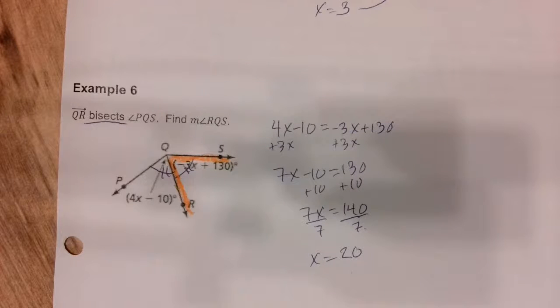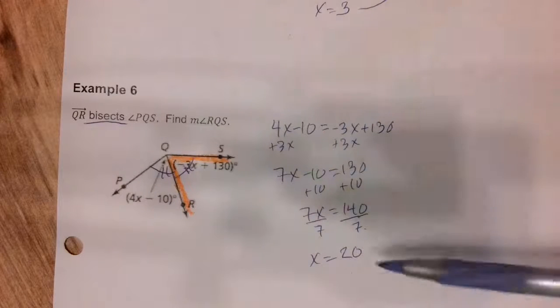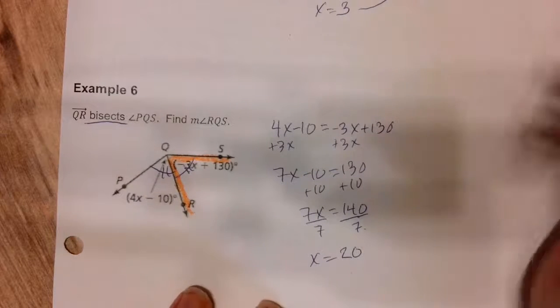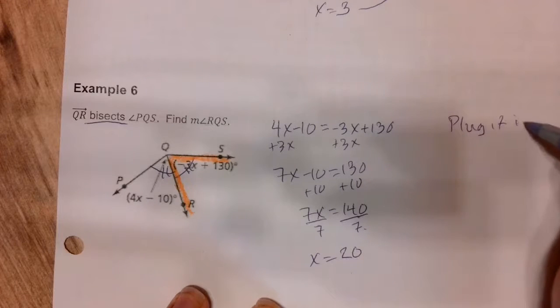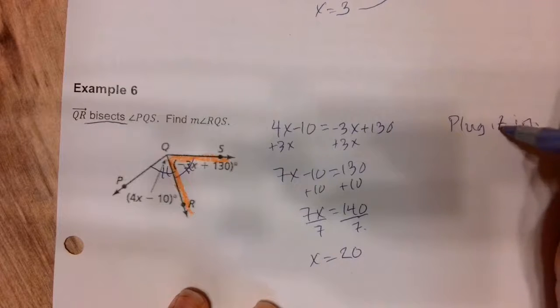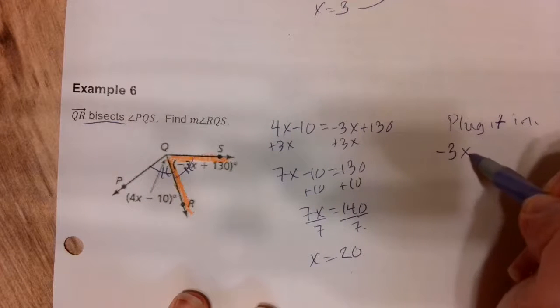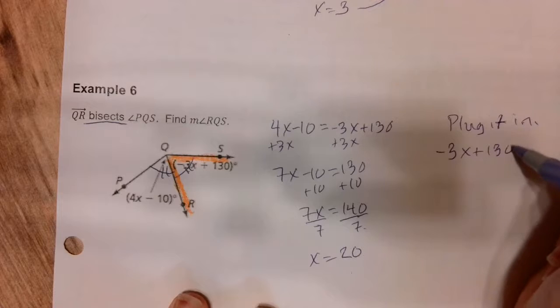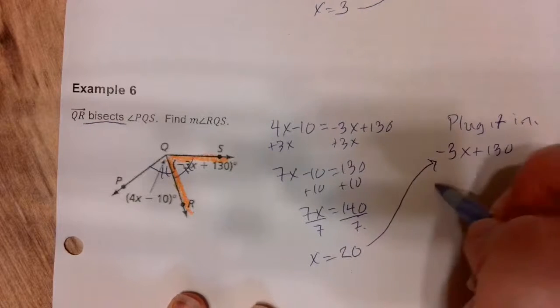Great, we haven't answered the question yet though, because the question was to find the measure of angle RQS. We found x. So you plug it in. And let's plug it in to negative 3x plus 130. Plug in x equals 20.